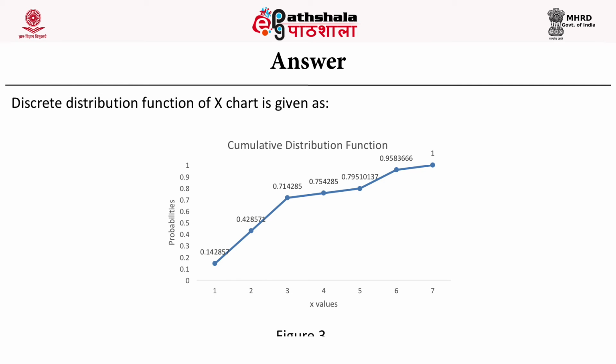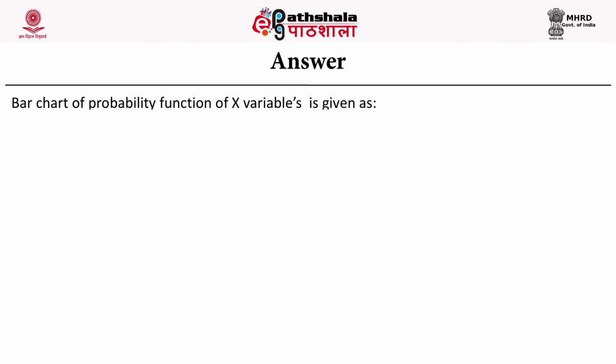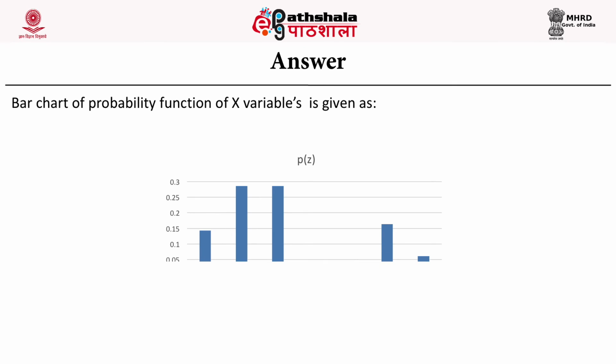The total probability value here comes out to be 1. The bar chart of the probability function of the x variable is given here, and it is the same thing that we represented in the previous graph as a cumulative sum. Now we are representing it as individual probability values.